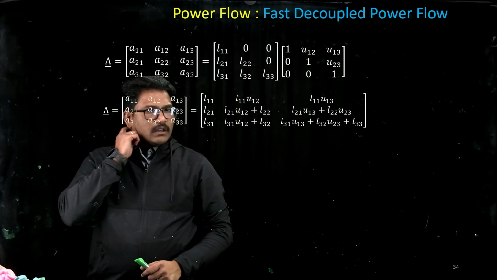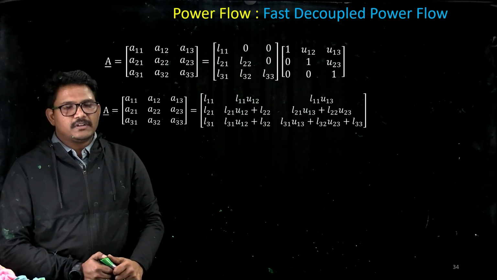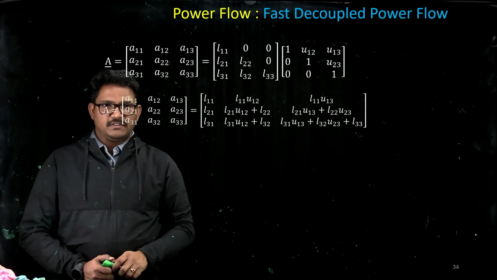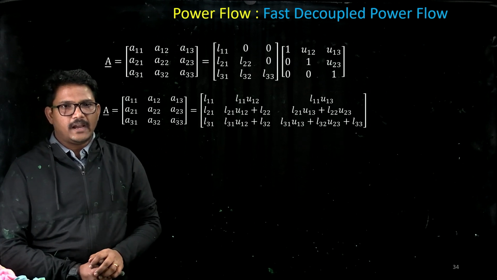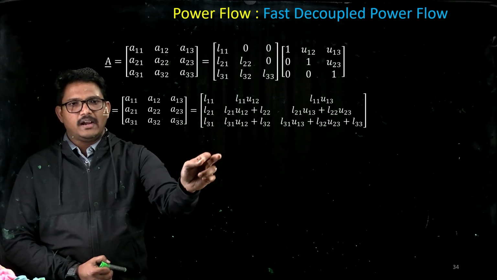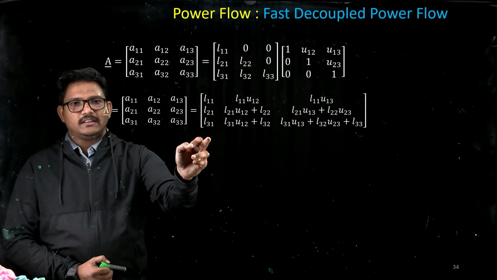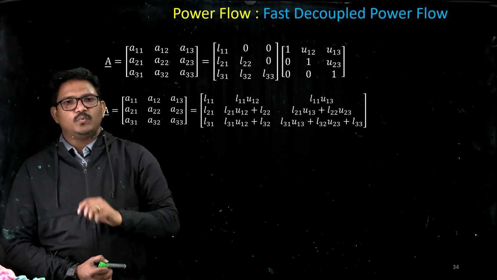Now it is very straightforward for us to calculate the elements of this L and U matrix from these relationships itself. It is very clear from these equations that L11, L21 and L31, these three elements are directly related to A11, A21 and A31.